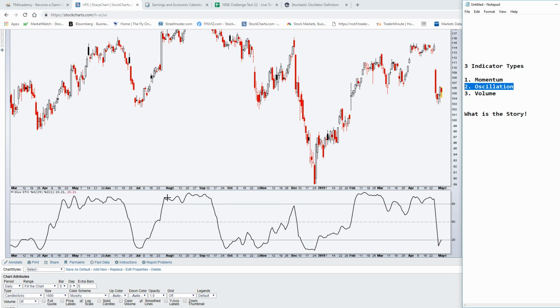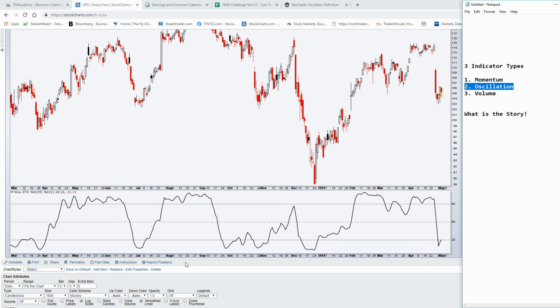If you're selling the stock when the oscillator gets overbought, generally you're missing out on most of the run. And if you're buying the stock when it's oversold, generally you're going to have to ride a lot of downside before you get that upside reversal.